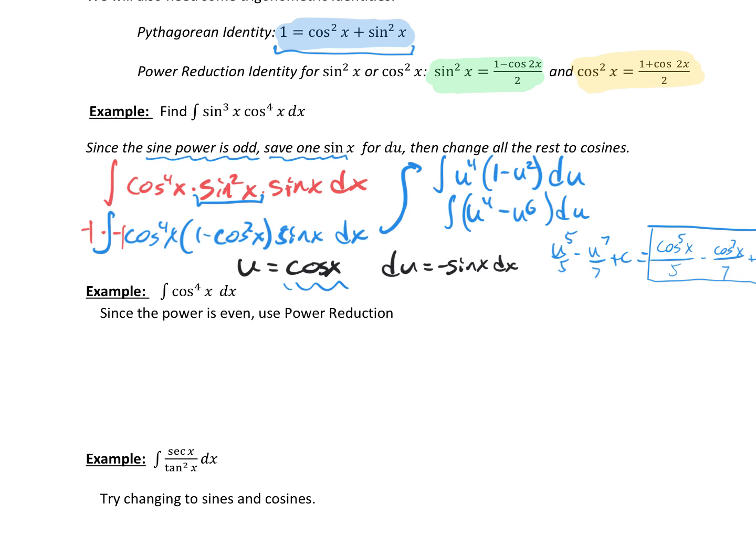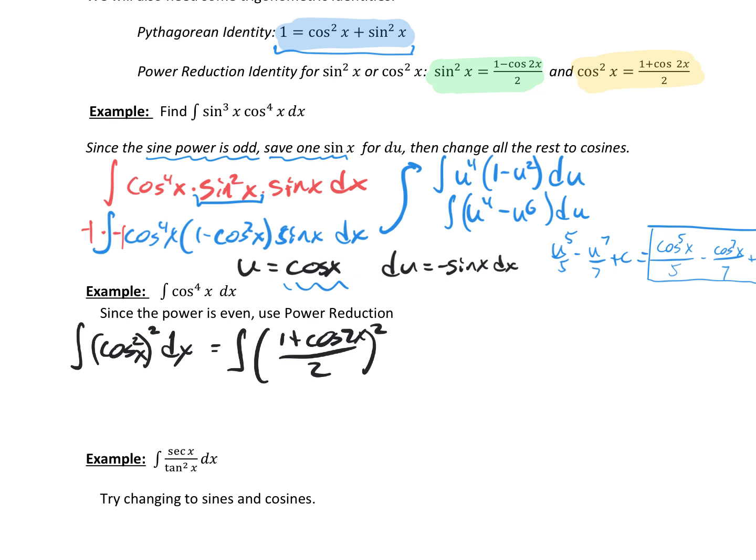So we have our power reduction. Now notice this is cosine squared, so we're going to have to do a little extra work with the fourth power. This is cosine squared of x, squared. So that equals, using our power reduction, 1 plus cosine 2x over 2, squared.